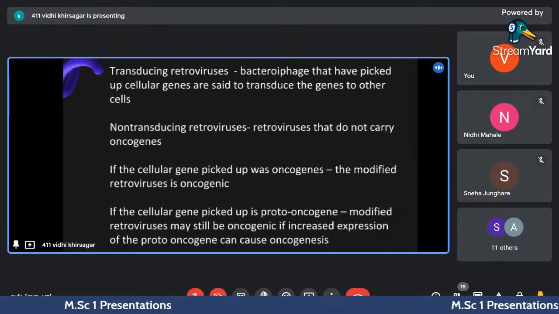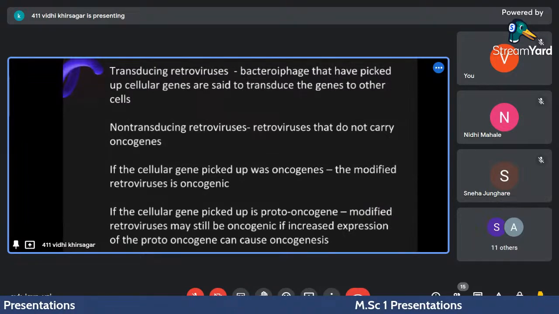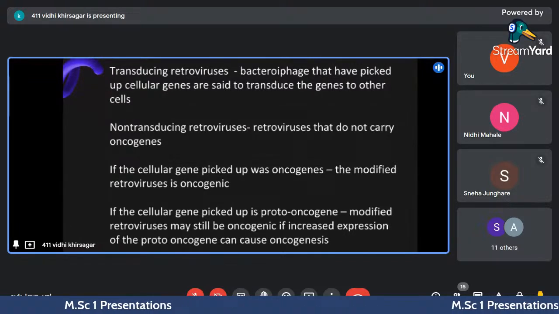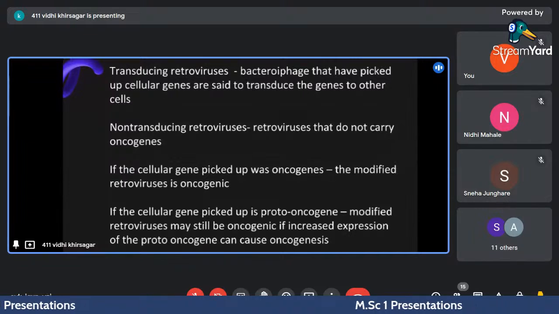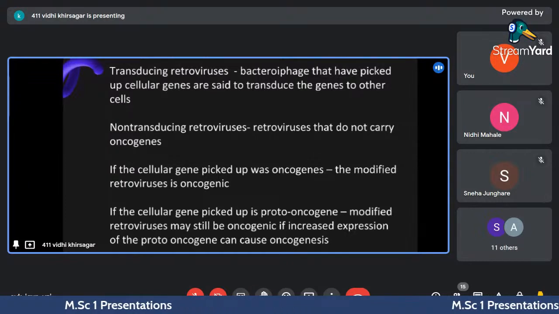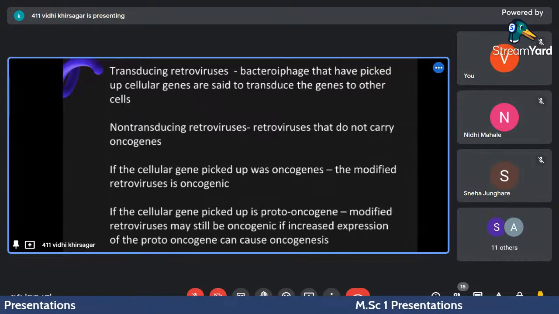Transducing retroviruses: bacteriophages that have picked up cellular genes are said to transduce the genes to other cells. Now, what are these bacteriophages? Bacteriophages are the viruses that infect bacteria, and transduction is the process of integration of viral DNA into the cellular DNA.